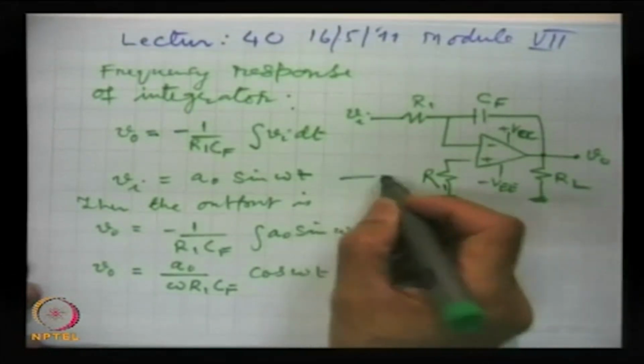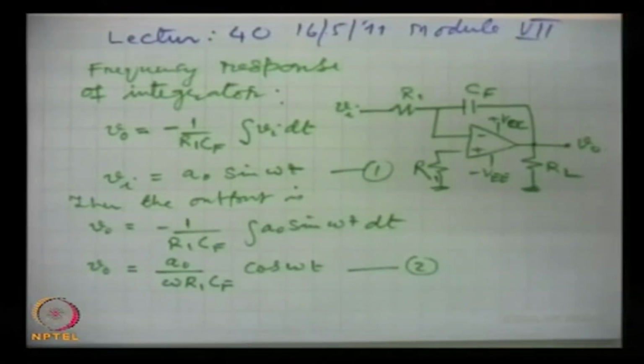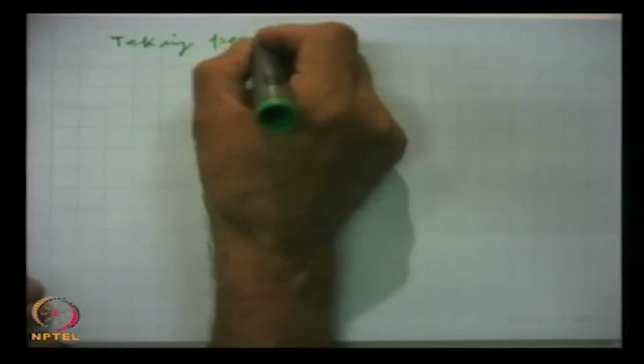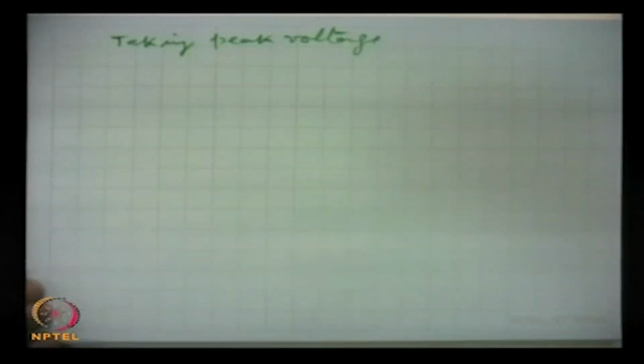If we take the input as first and this as the second, then we can write the ratio of the two for the peak voltages, taking peak voltages both at the input and output.